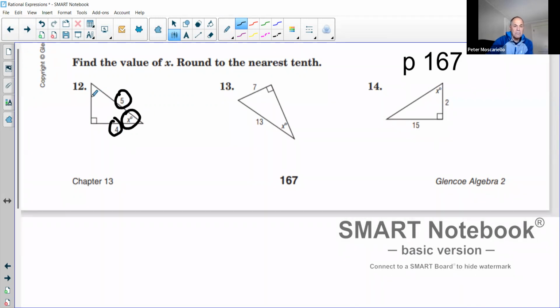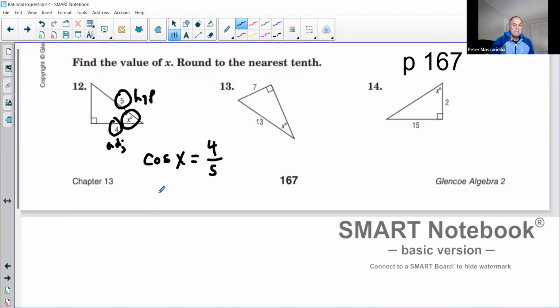Well, the sides are given, and the angle we're trying to find. So for this angle, what side combination do we have? Well, that's its adjacent, and that's its hypotenuse, so that's cosine. So you write cosine of x equals the adjacent 4 over the hypotenuse 5. I know we already went over this, but let's do it again.